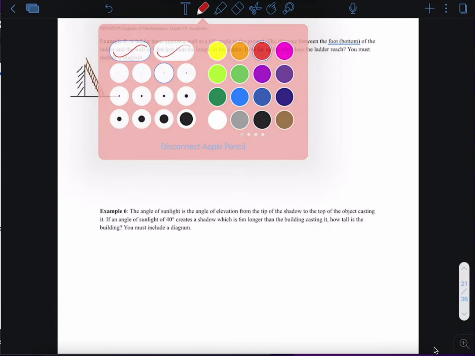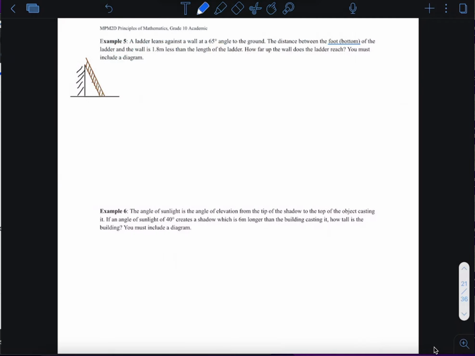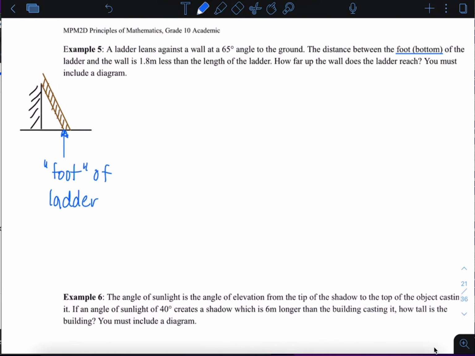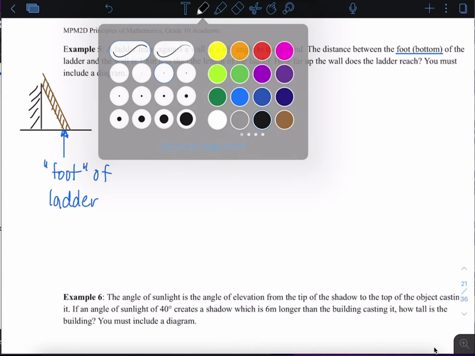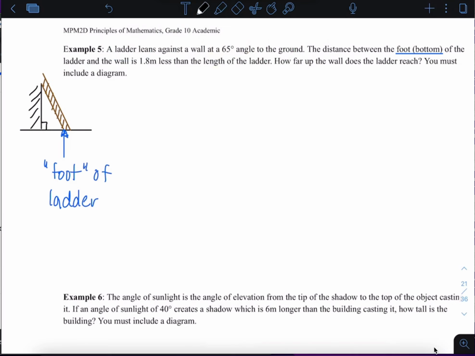This thing here, this is what I'm referring to as the foot. The foot is the bottom of the ladder. So after this question, anytime I talk about the foot, we should have a full understanding of what that is. This is the foot of the ladder. And no funny angles or anything. If it's a wall and a floor, always 90 degrees.